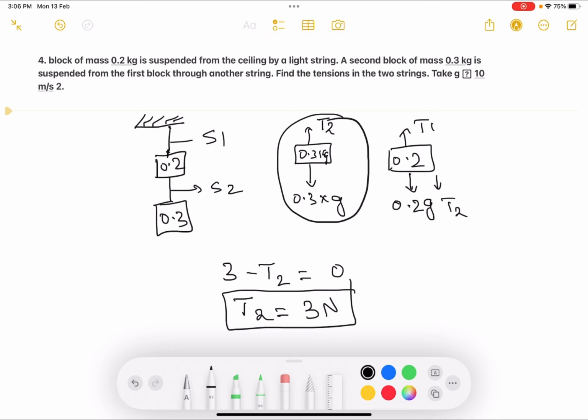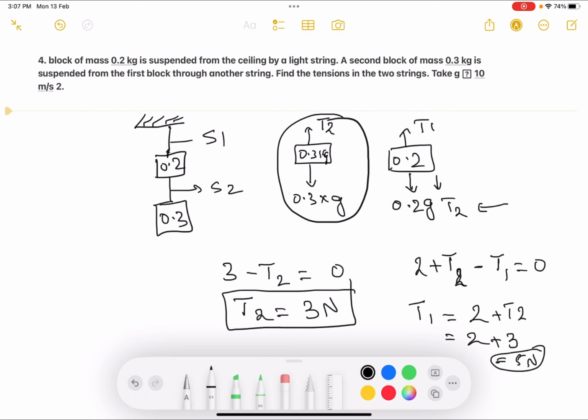And the second one: 0.2 g, which is 0.2 into 10, which is 2 newtons, plus T2 minus T1 is equal to 0. So T1 is equal to 2 plus T2, which is 2 plus 3, which is 5 newtons.